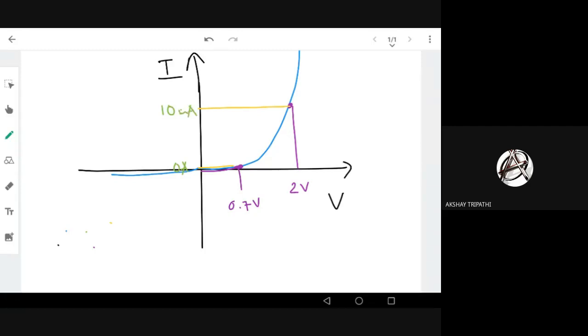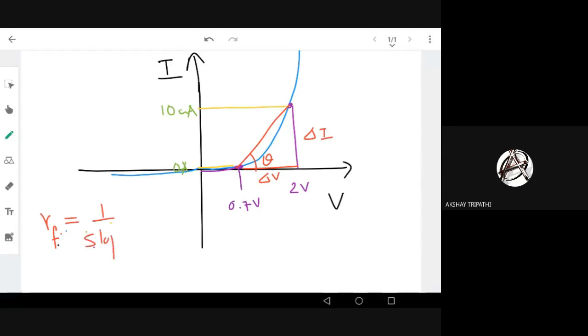Now, to find the equivalent resistance, find the tan theta, the slope of this line. This is delta I and this is delta V. The forward resistance is 1 by slope.